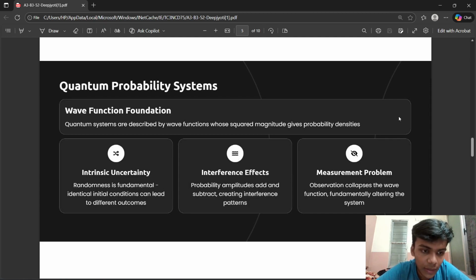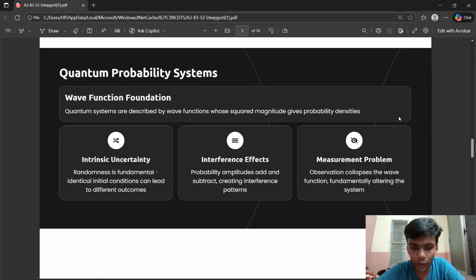Intrinsic uncertainty: the randomness is fundamental, and the same initial condition can lead to different outcomes. Interference effect: probability amplitudes add and subtract, creating an interference pattern. Measurement problem: observation collapses the wave function, fundamentally altering the system. So these are the three subtopics of the wave function foundation.